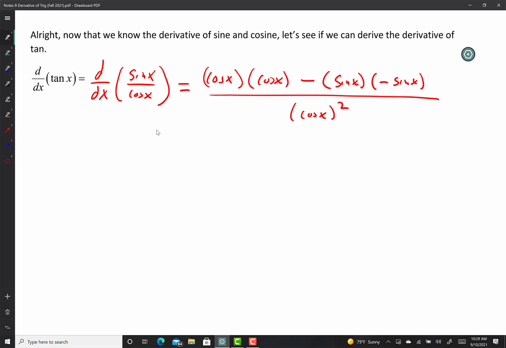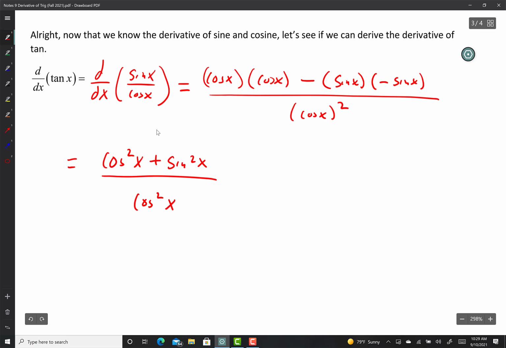All right. So now let's see what we get. Equals, I see cosine squared x, and the negative times the negative is a positive. So it's looking like I'm going to be able to, once again, use the property: cosine squared plus sine squared is equal to 1, so 1 over cosine squared. And technically you could leave it like that.